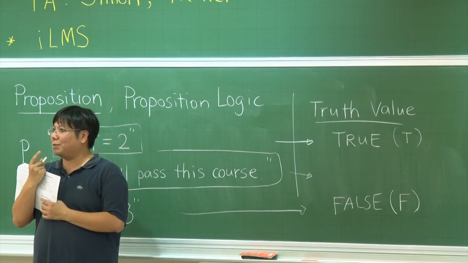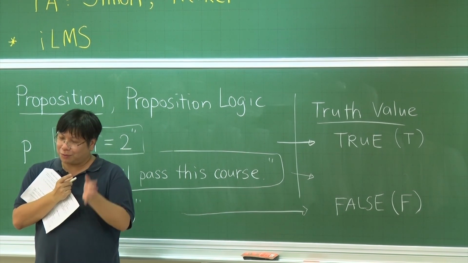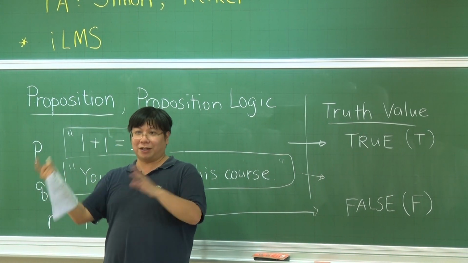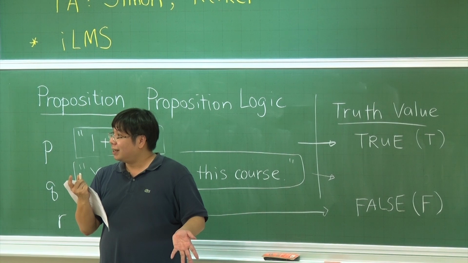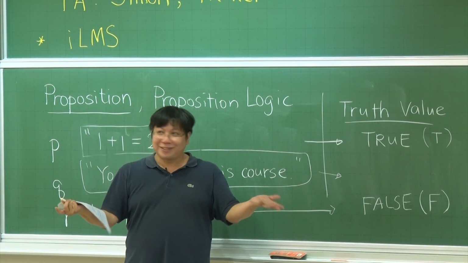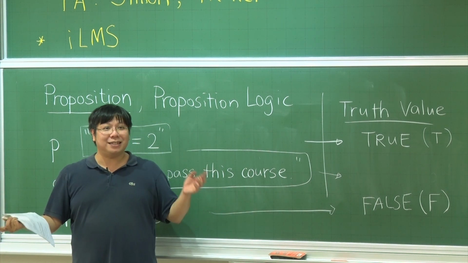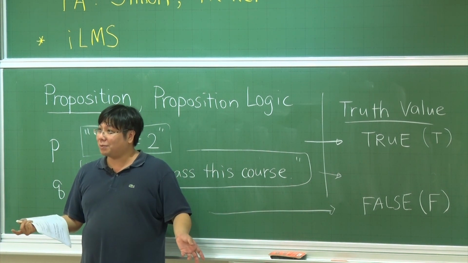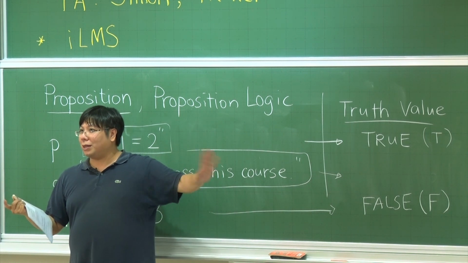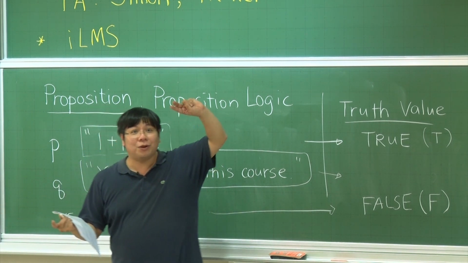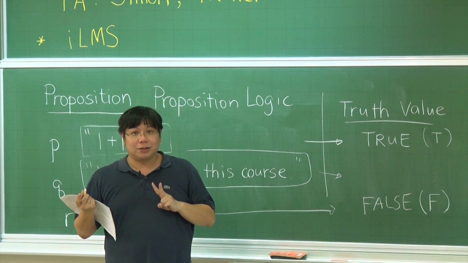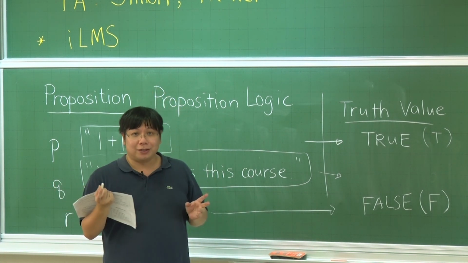So what should I do? The negation of this one, the opposite of this one, is what? Simon's PC does not run. Very good. Simon's PC does not run Windows XP. So even if I don't know who Simon is, I still know that of these two propositions, one is the opposite of the other. So this is what is meant by negation.